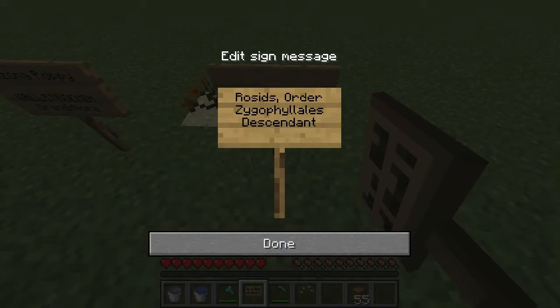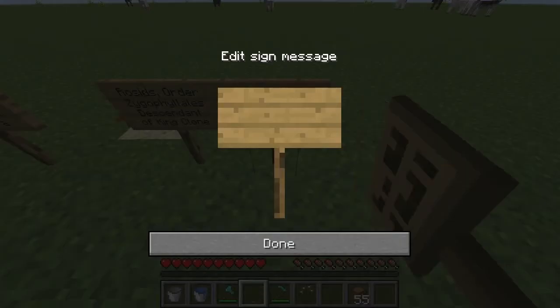How do I spell that? I'm going to go for it like that. Let's hope I don't get it wrong. I feel like maybe it's wrong. Descendant. And I think it's right. Descendant of King Clone. And who is King Clone? The 11,700-year-old creosote bush.